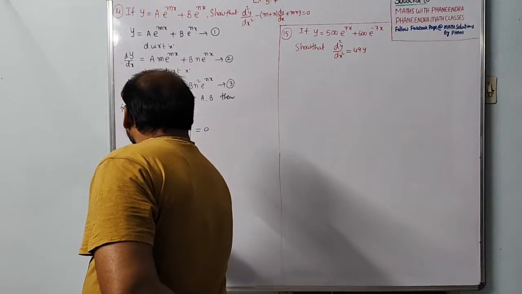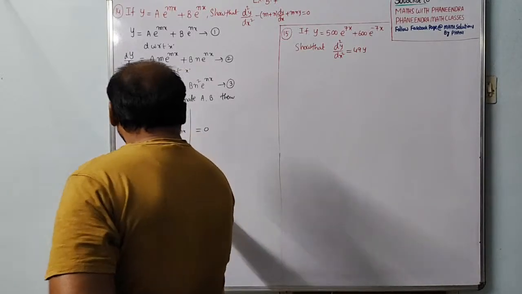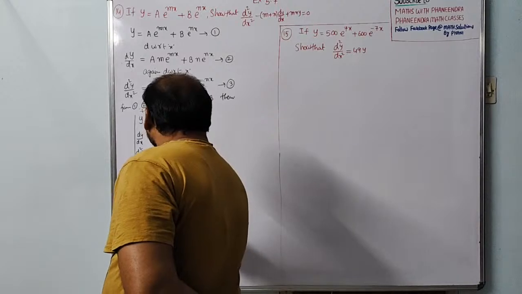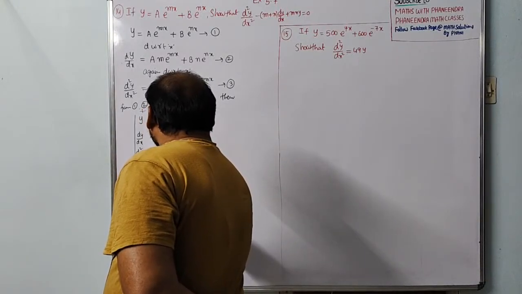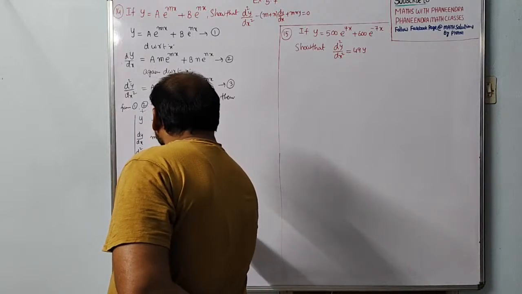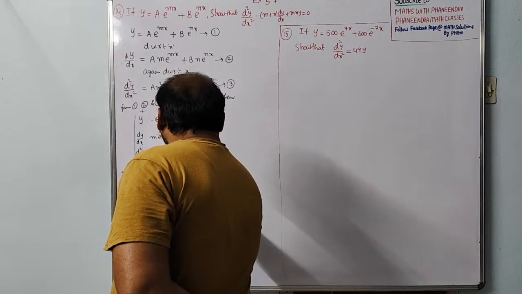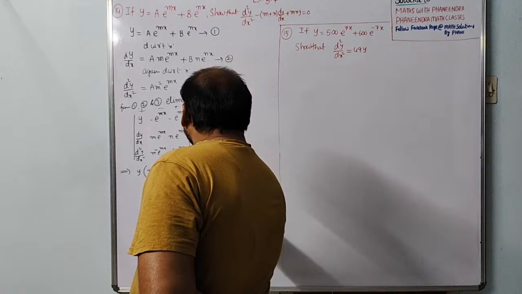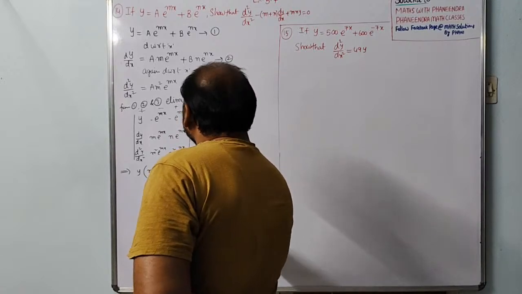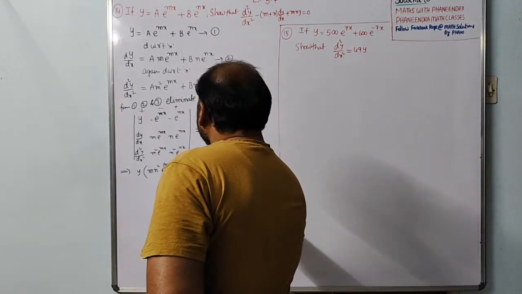So that implies that y into mn square e power m plus n into x minus m square e power m plus n into x. Next plus e power mx.